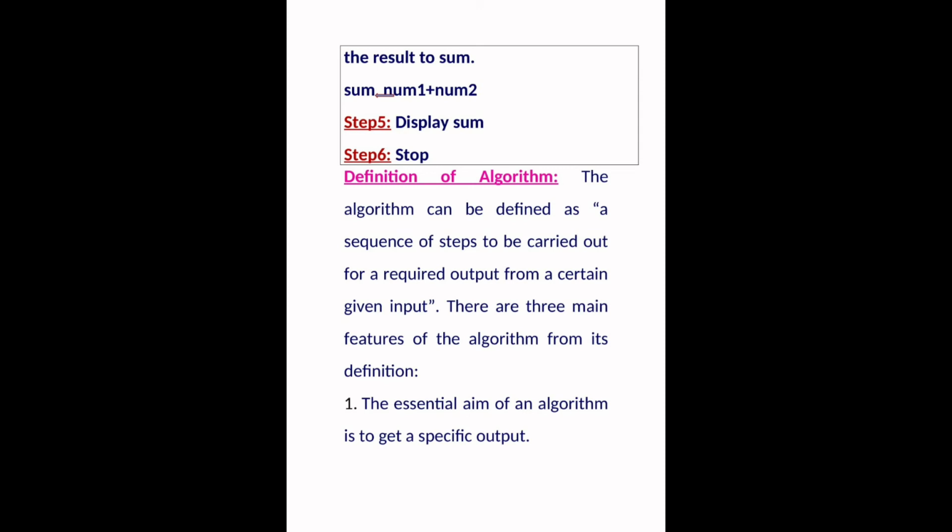Our next topic is the definition of algorithm. An algorithm can be defined as a sequence of steps to be carried out for a required output from a certain given input.